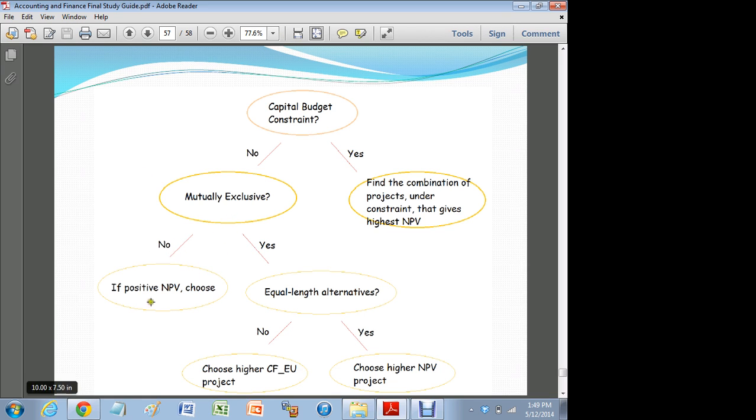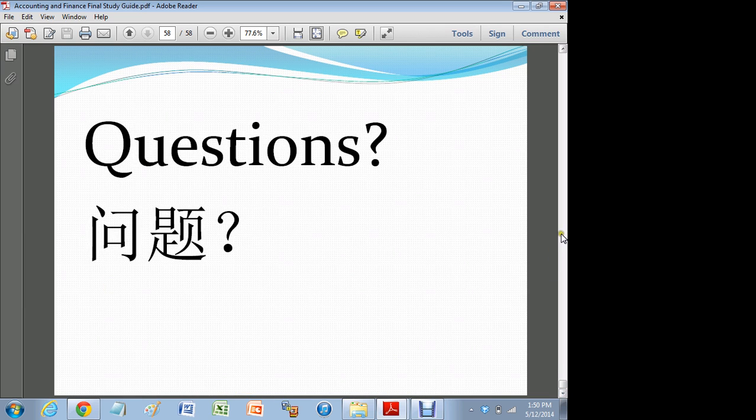And if they're not, then this is the easy case where you just choose it if it brings you positive wealth. Otherwise, if you're forced to choose between alternatives, then you look for whether they're equal length or not. And that's it. So let me know if you have any questions.